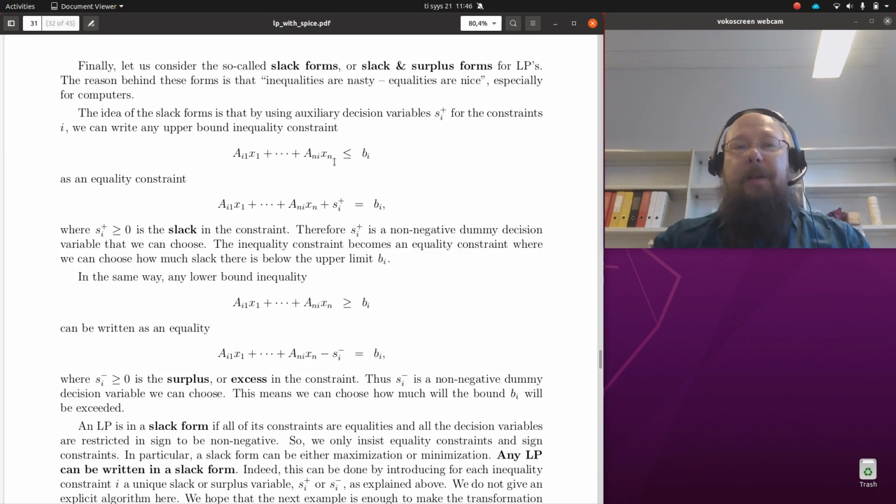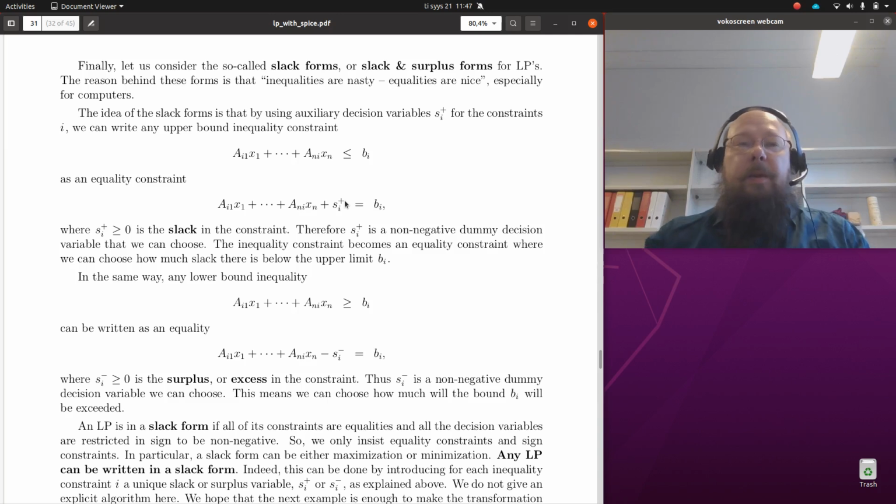is in the constraint. So we can say that this here is the same as what we have originally, and then s_i, with a superscript plus to denote something related to what we had before, the positive part.